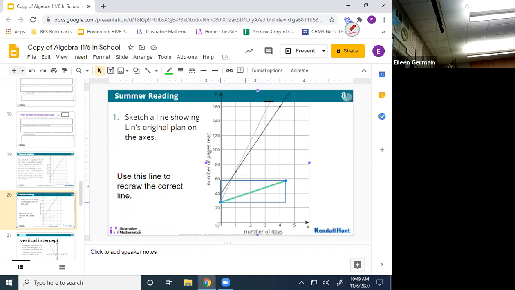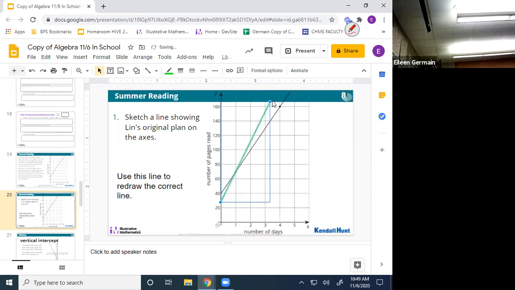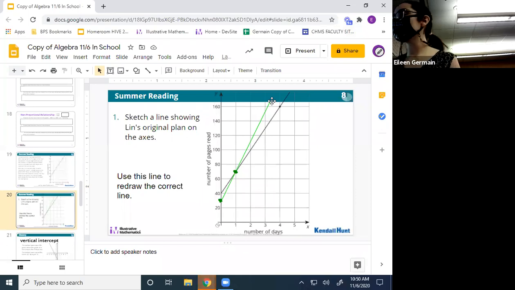Do you see? Let me show you. You're going to start the line here, and then you're going to drag it in so that it goes through this point right here, so that it looks like mine. Does everyone at home see how I did that if you don't have the book?